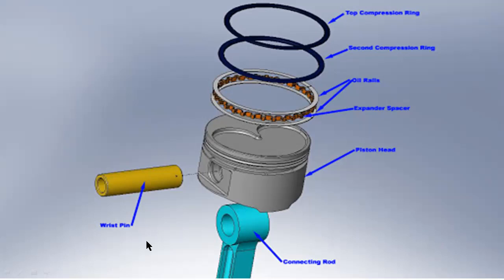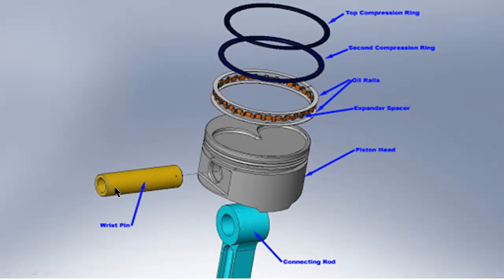So here the piston pin is used to connect the piston and the small eye of the connecting rod. Here this hole and this hole are the same diameter.